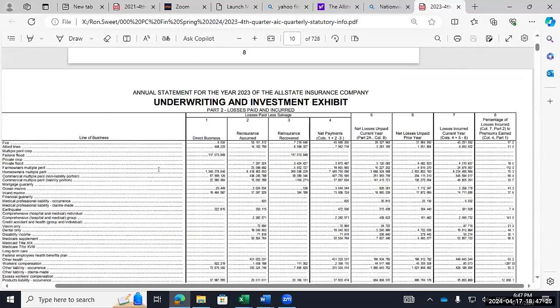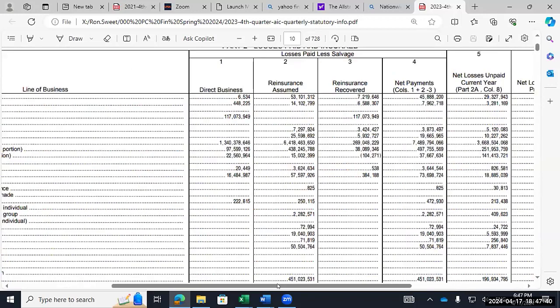All right, so here's losses. They do the same thing with losses. We can't compare year to year, but you could get last year's statement and this one, compare to auto, and see if the claims have been much higher. You could certainly do that. It's a little hard to read with it that small.